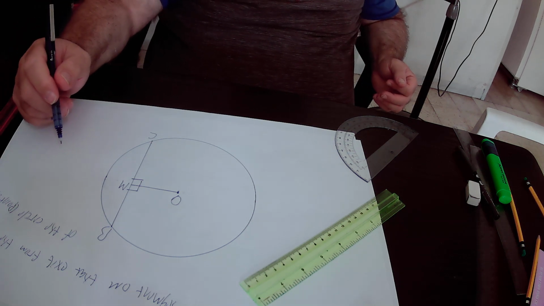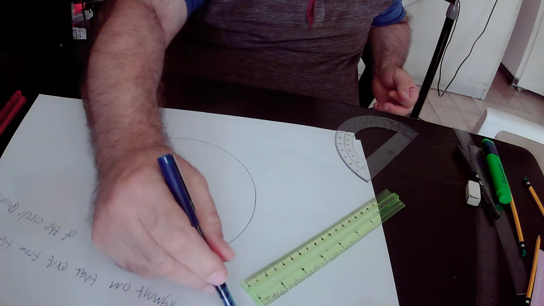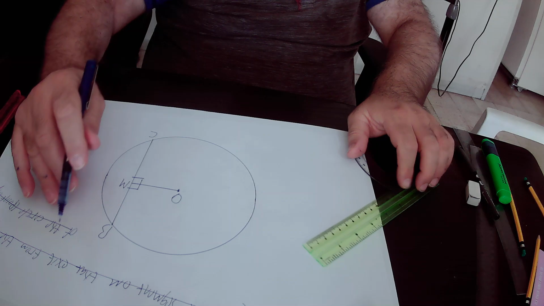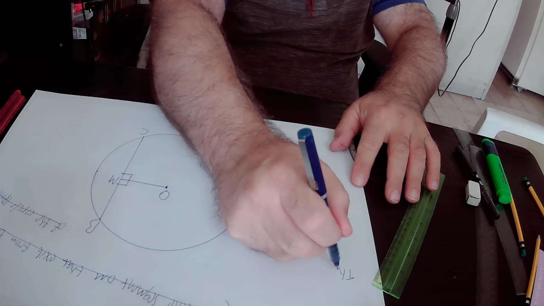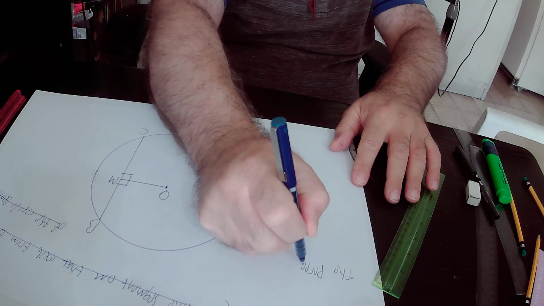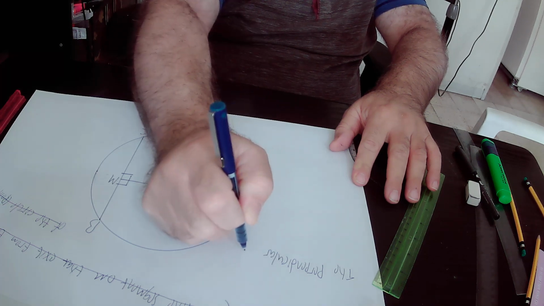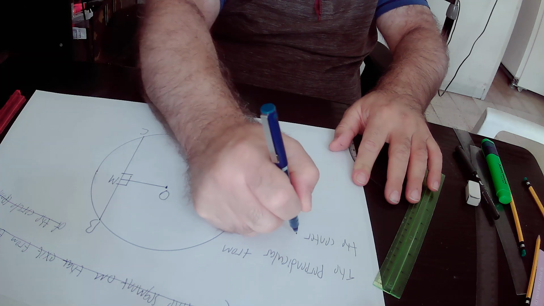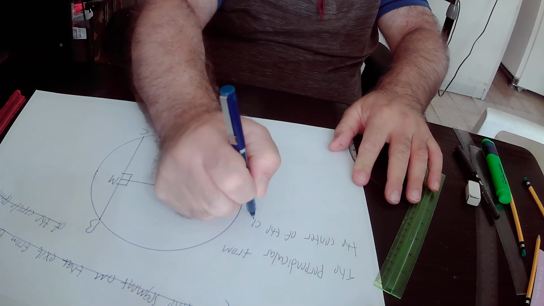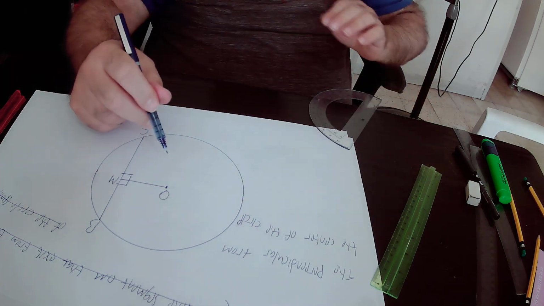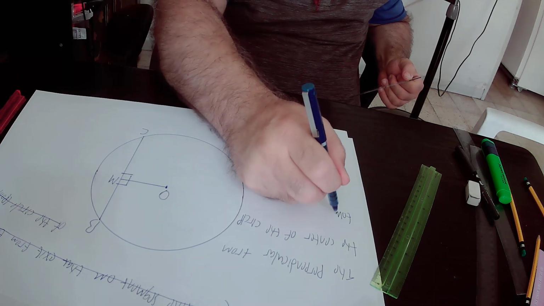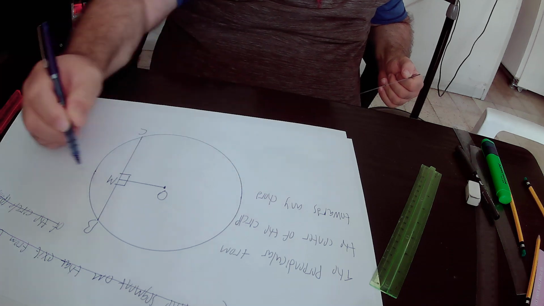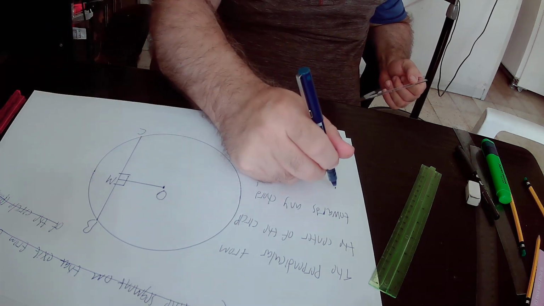Okay. So here, according to rule number 2, the perpendicular from the center of the circle, that is to say the perpendicular from point O, that is the center of the circle, towards any chord, here chord BC could be any chord, bisects the chord.